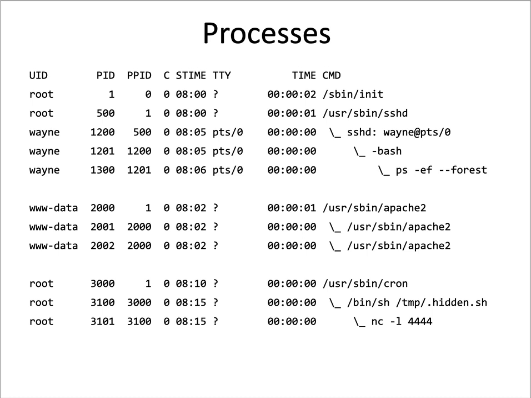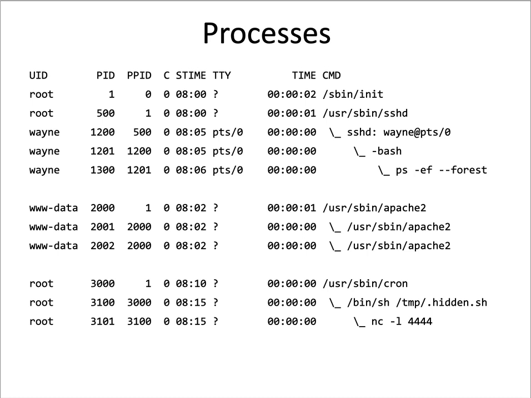It spawned a specific sshd for me on tty pts/0. It's running the bash shell, and within that bash shell, I issued the ps -ef --forest. So that shows the parent-child relationship and the tree of processes that are created.